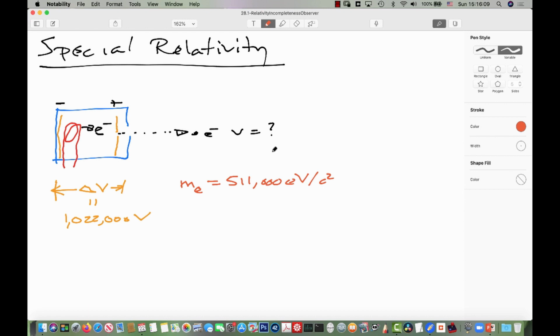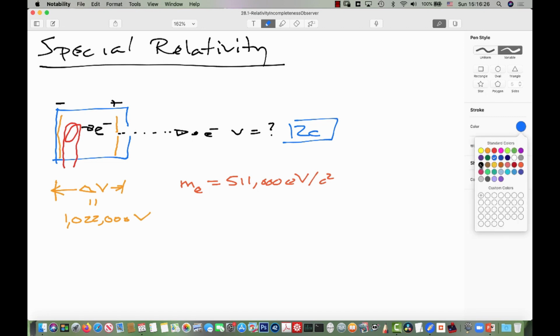Okay, so when you did this, I'm hoping that you got that it was going at 2 times the speed of light, which is not physically possible, but we'll get into that. But first, let's just review how to solve the problem.